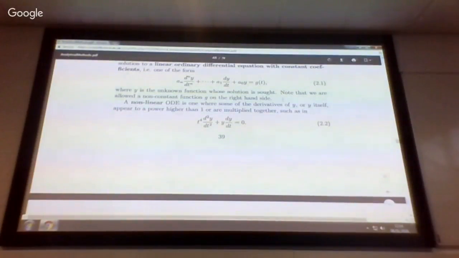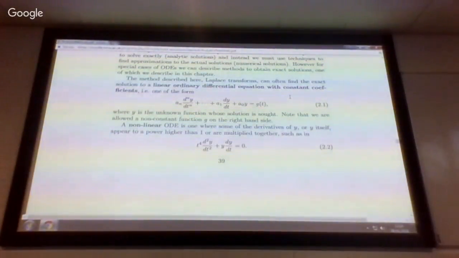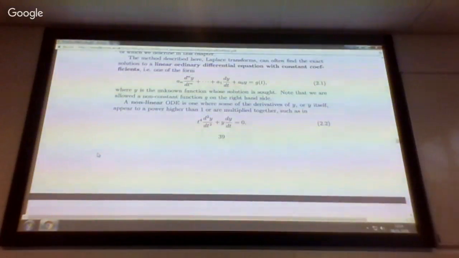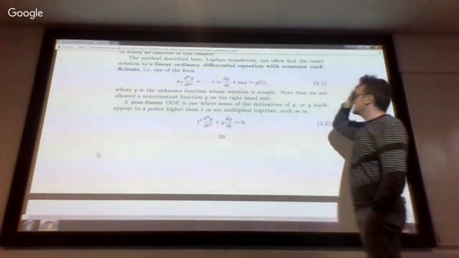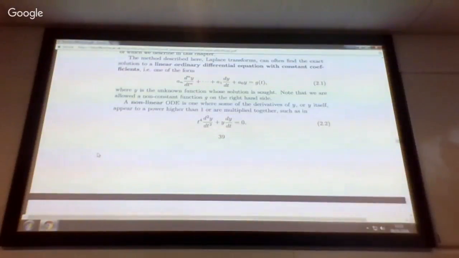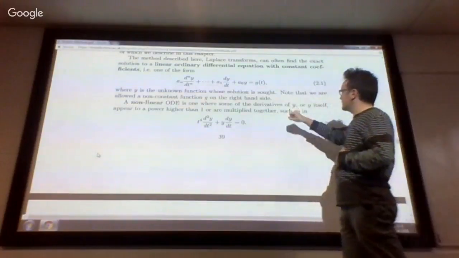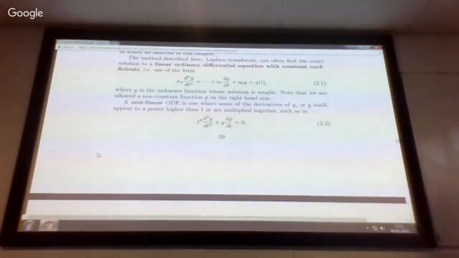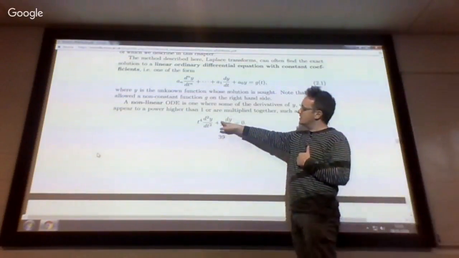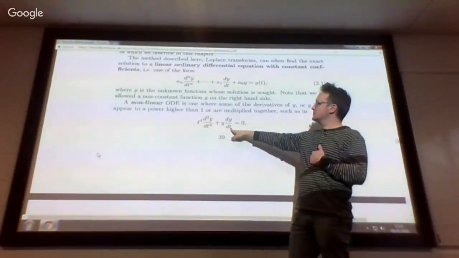The term linear, well, it's easier to say what nonlinear is. Nonlinear behavior is where some of the derivatives of y, the things appearing on the left, or indeed y itself, are raised to a power higher than 1, or where different derivatives of y are multiplied together. For instance, in this one, we see the unknown function y multiplied by one of its derivatives, dy/dt.